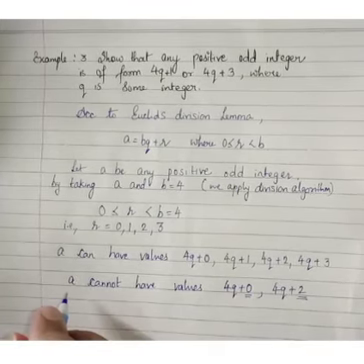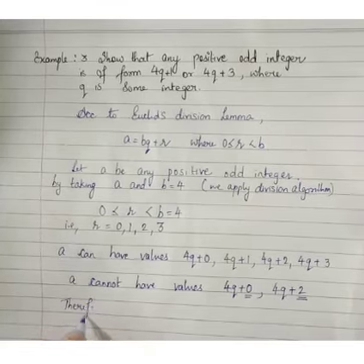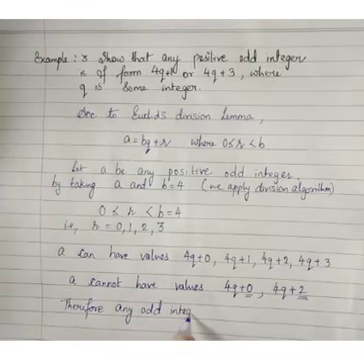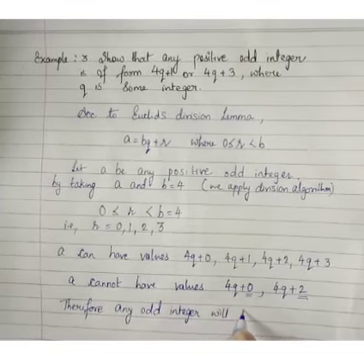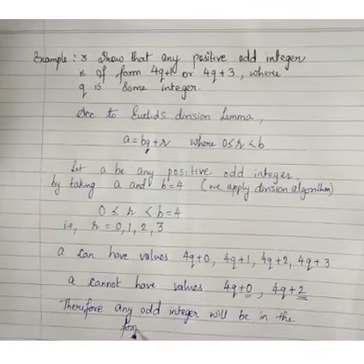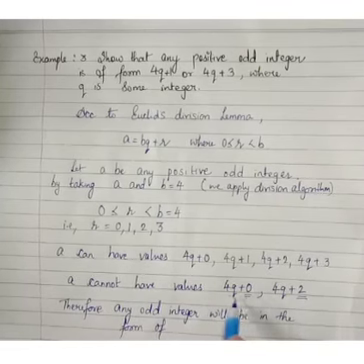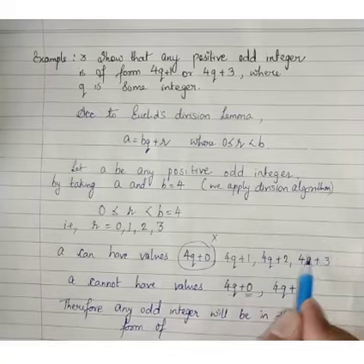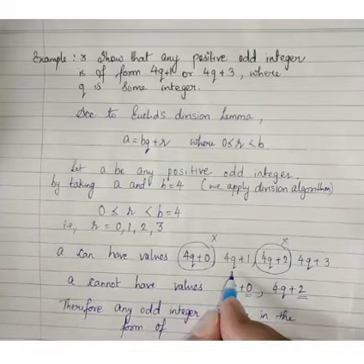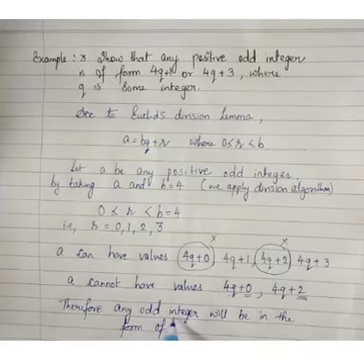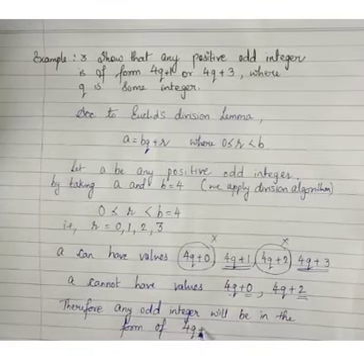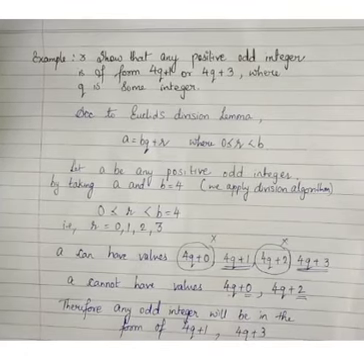So therefore a cannot have these values, 4q plus 0 cannot be, 4q plus 2 also cannot be. So only 2 values of a are left. Any odd integer will be in the form of either 4q plus 1 or 4q plus 3.